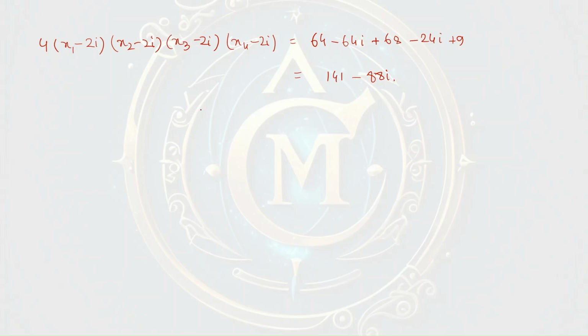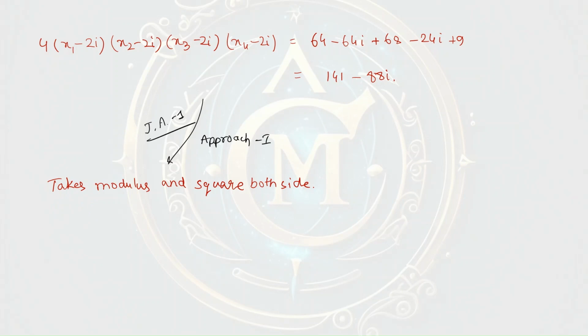Now here are two approaches. Let's say that JEE aspirant 1, he or she is following approach 1. In this case, he or she takes modulus both sides and squares both sides of this expression.